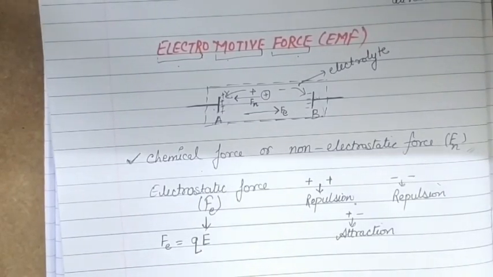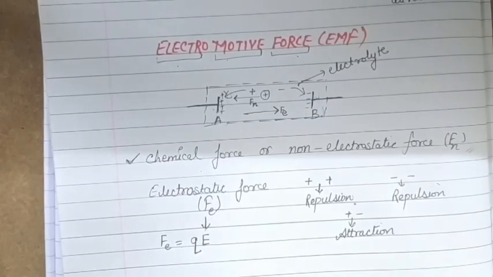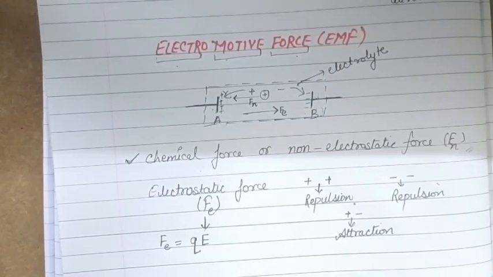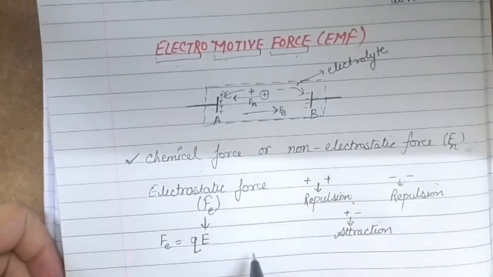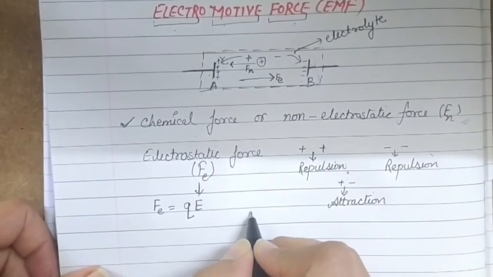Now what will happen in this process? Right now inside the battery two forces are acting, one is non-electrostatic and one is electrostatic, and both are acting opposite to each other. So this motion of charges will continue till the time these two forces balance each other.